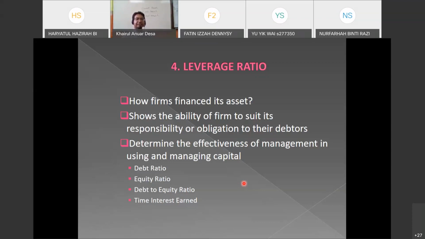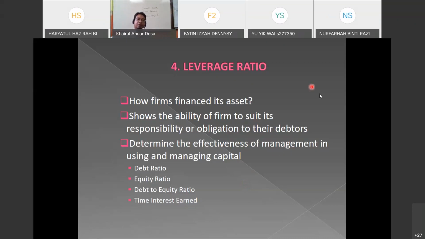Okay, secara ringkasnya, leverage itu adalah hutang ataupun debt. Setakat itu boleh ikut? Boleh, sir. Alright. Secara amnya, leverage is debt. Okay, leverage itu adalah hutang.